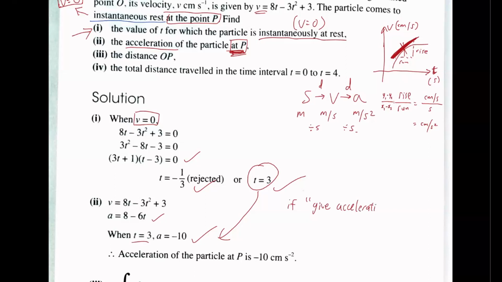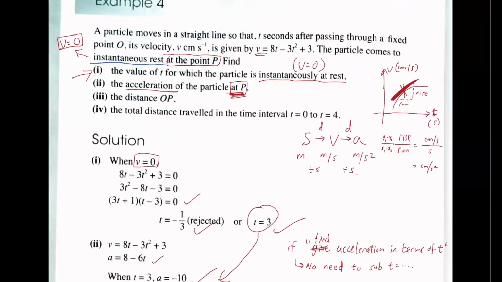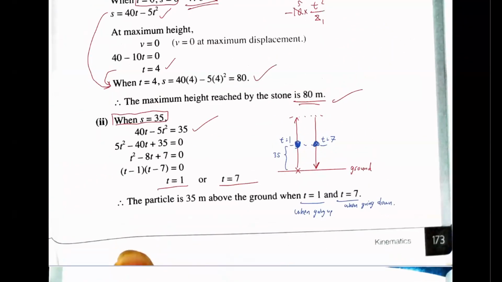Let me write this down. If they ask you to find the acceleration in terms of t, then you know you don't need to sub t equals something. Next one, part 3, the distance OP. This is when you need to use your 4-step procedure already. Let's take a look at the 4-step procedure.